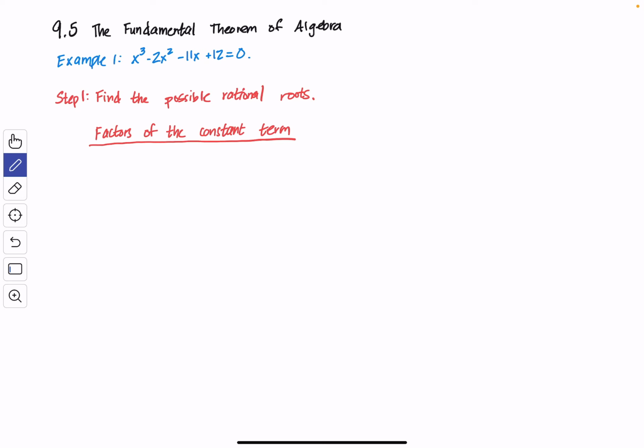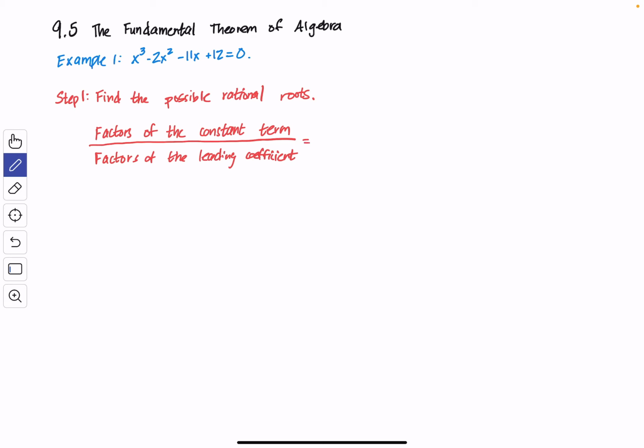That's why it's constant, because all the other terms can change since we don't know what x equals. And then we're going to divide that by all the factors of the leading coefficient. The leading coefficient is the coefficient in front, which in this case is 1, the coefficient of x cubed.